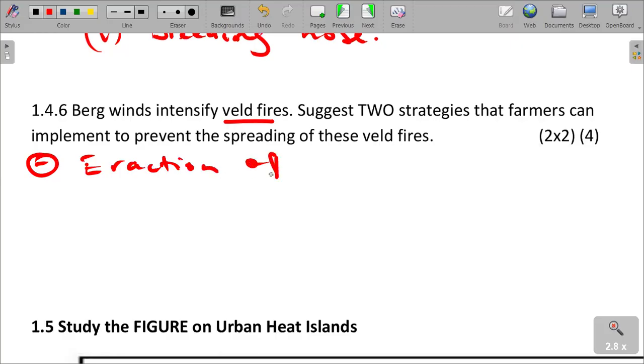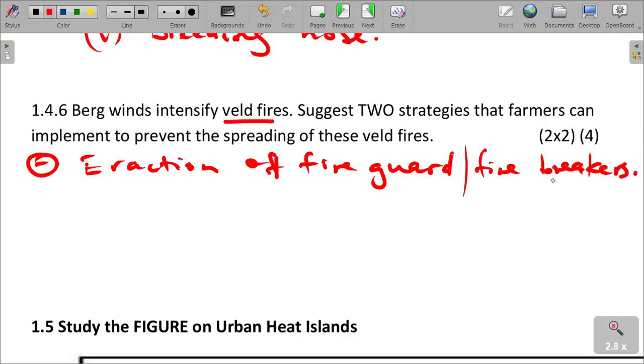Erection of fire guards, which we say are called fire breakers. These are called fire breakers, which must be there.